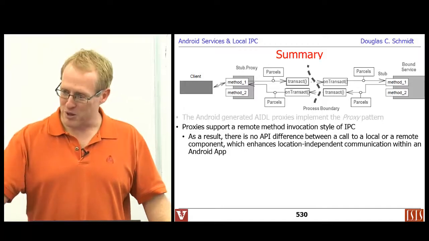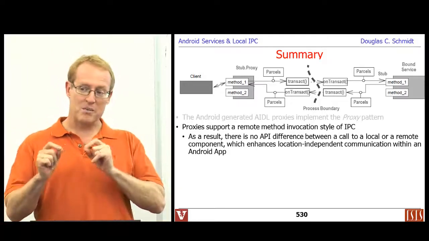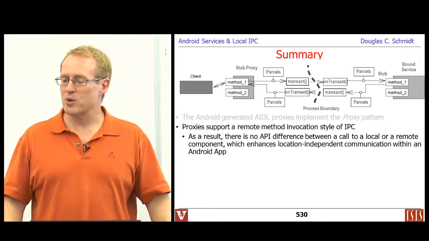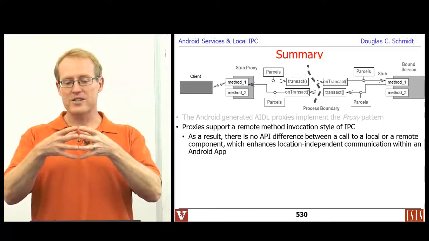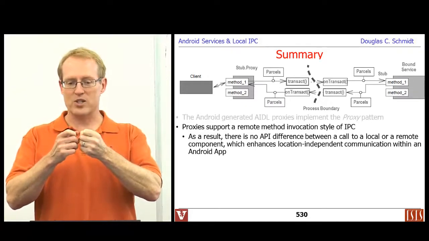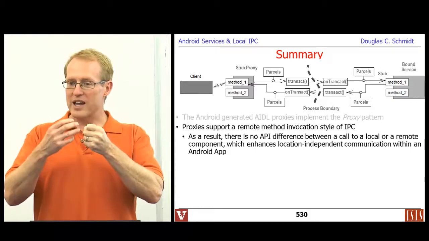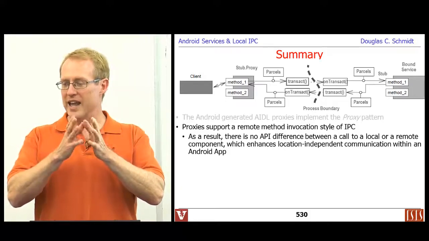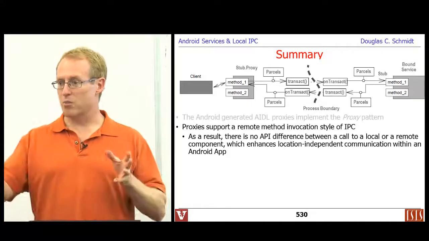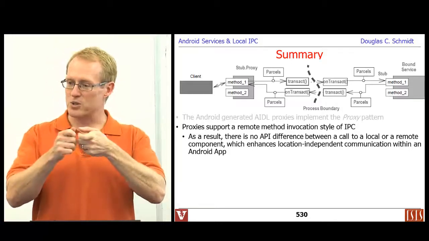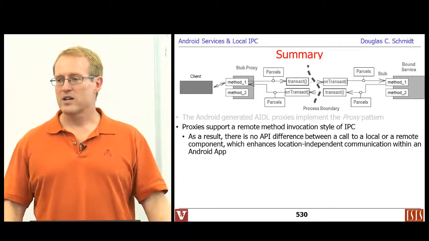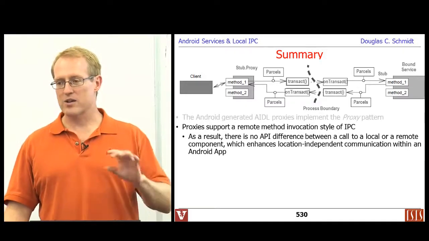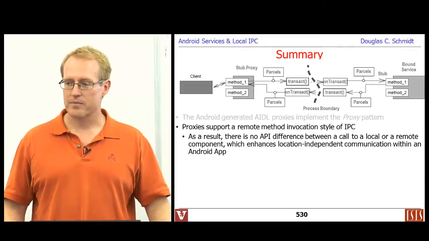The optimized approach, which potentially is more intelligent but may also be semantically different with respect to what thread context you run in, is that the proxy typically takes a look when the call is made and asks the question, is the target object in my address space or not? If it's not in the same address space, then it goes ahead and does all the normal things and sends it on its merry way using a broker. If it is in the same address space, it does a short circuit and just makes a direct call. So you can imagine that would be way faster than doing all this other overhead. But it also requires a little bit more checking to take place. Yeah, that's a great question.